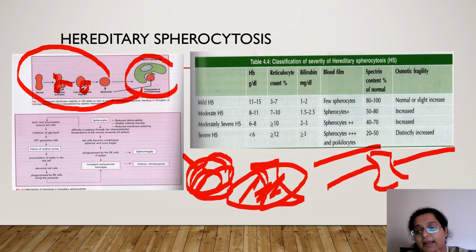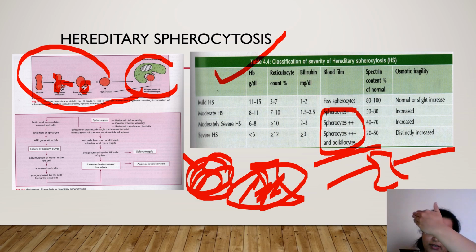Hence again it leads to lysis or damage of the RBCs, leading to anemia. Now this is given in the Hematopathology Atlas, the kinds of HS: mild, moderate, moderately severe, and severe. You get spherocytes to a large extent as the severity increases.